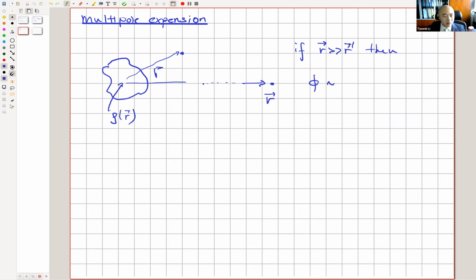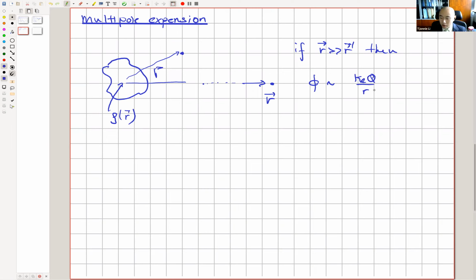Can anyone think how I can approximate the potential if I'm going very, very far away? So Alex writes kQ over R. Okay, indeed, kQ over R.